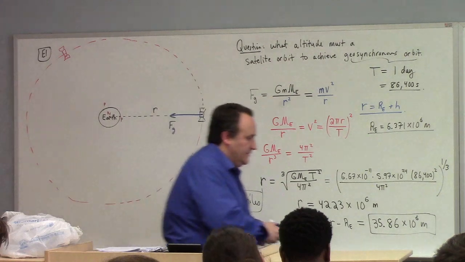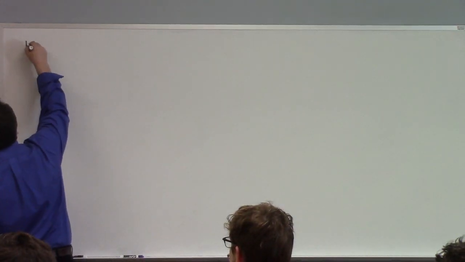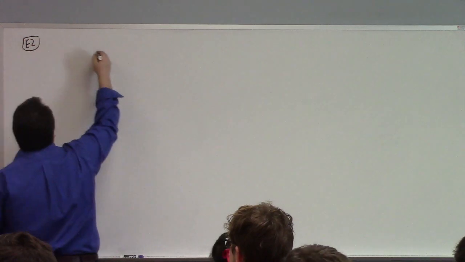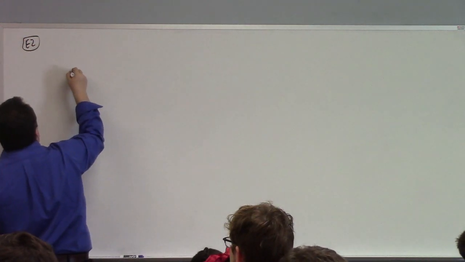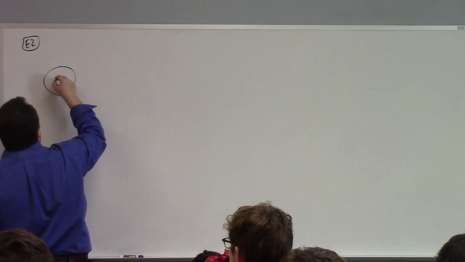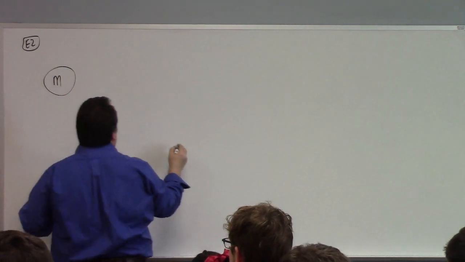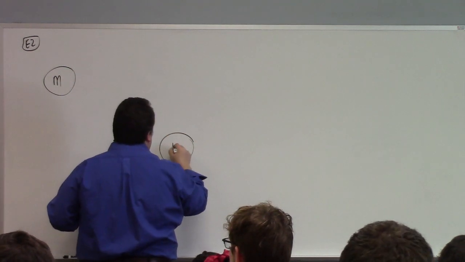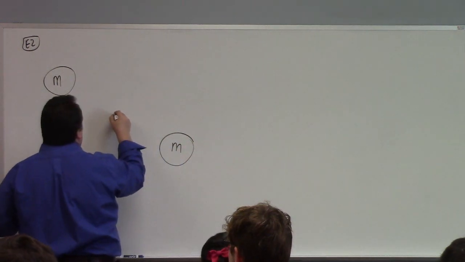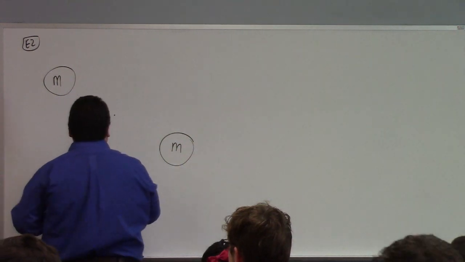Okay, so here's another example. Suppose sometimes you have a pair of planets. So here's M, another planet M, and let's suppose they're equal mass.